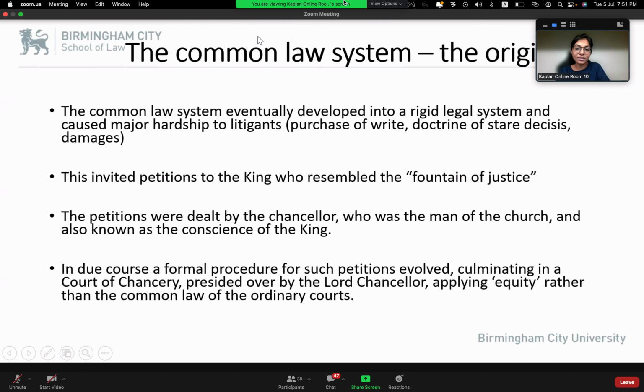Now, this common law system, now we're getting into the problem. But before I get to the problem, the common law system became so popular. It became so popular because everybody was happy. Imagine from the Anglo-Saxon society to this common law system.